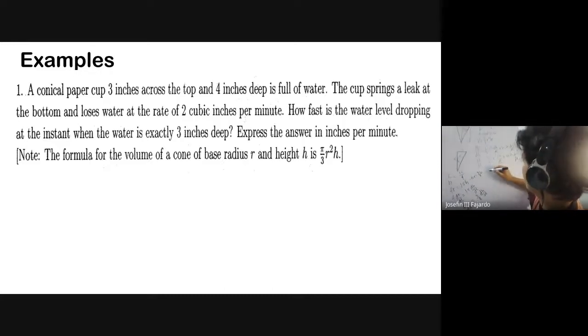So, magiging equal to sa pi over 3. Ito naman ay (3 over 8 h) squared dh/dt. Ito namang r ko ulit magiging 2 times 3 over 8 h times h. Yung dr/dt ko ay ito, 3 over 8 pa rin. 3 over 8 dh/dt.